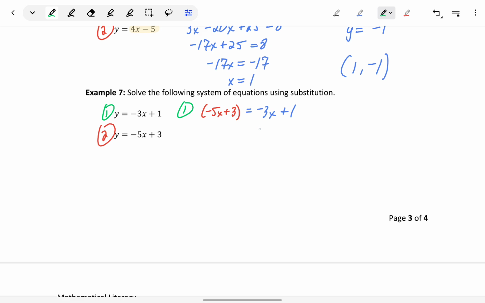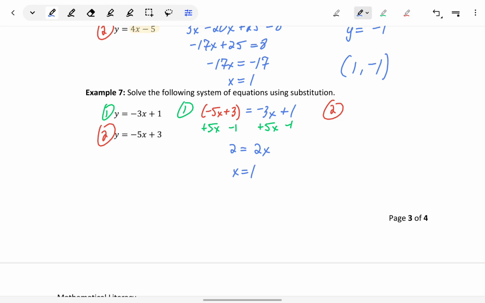We can add 3x to both sides, or let's add 5x to both sides and subtract 1 from both sides to give us 2 is equal to 2x. And then dividing by 2, again, we get x is equal to 1.